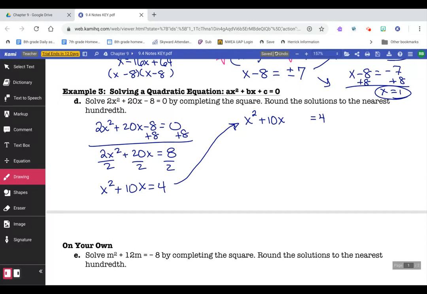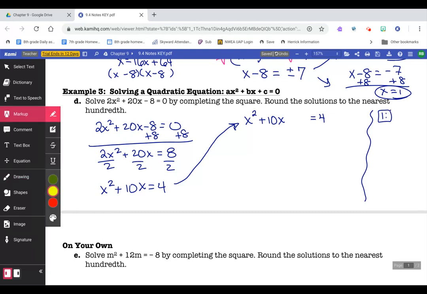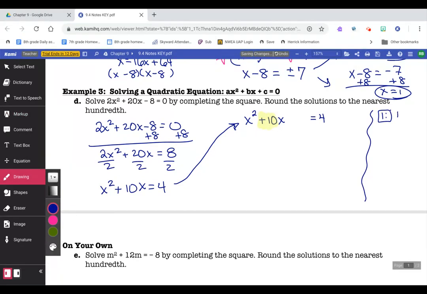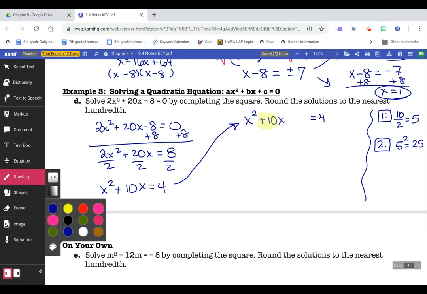The rules for completing the square. Step 1 was that we were going to take the coefficient in front of x, the b, and divide it by 2. So 10 divided by 2, that gives us 5. Step 2, we are going to square that. So 5 squared is equal to 25. Now for step 3, we're going to add that to both sides.